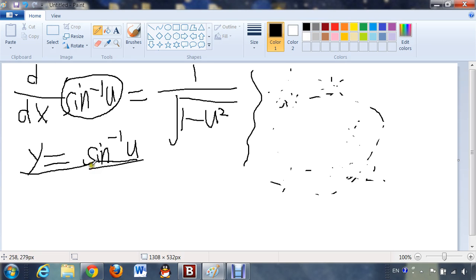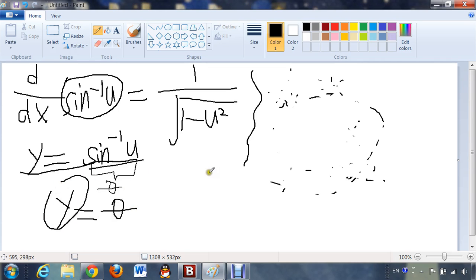Because remember, an inverse function always gives you an angle, right? So right now y is equal to that angle. So the angle is y.